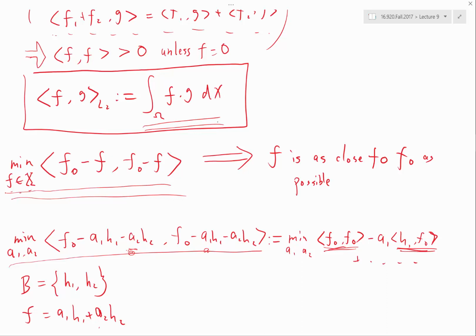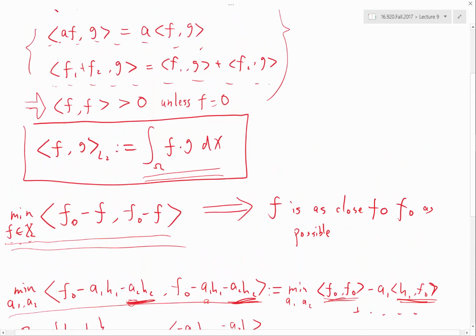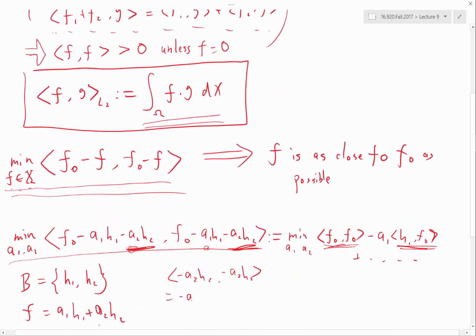Yes? How do you get quadratic term? Oh, this is because I have this term in a product with this term, right? For example, this becomes minus a2 h2 minus a2 h2 when you expand it, right? And then you use this property, so you pull a1 out, you pull a2 out.